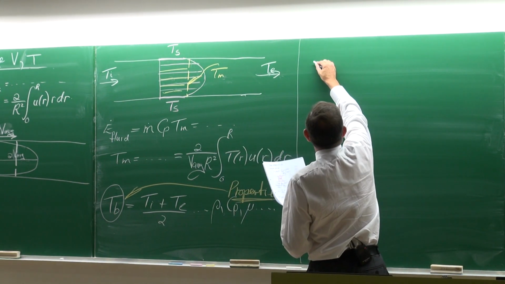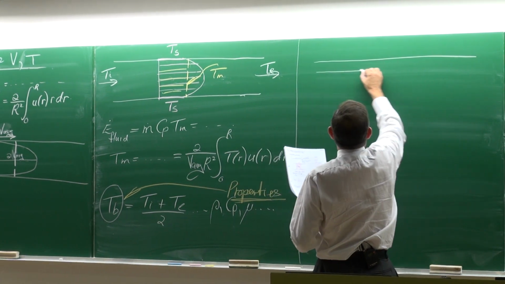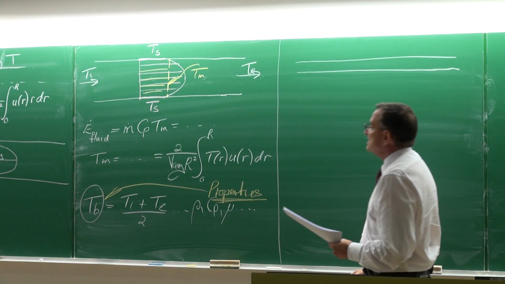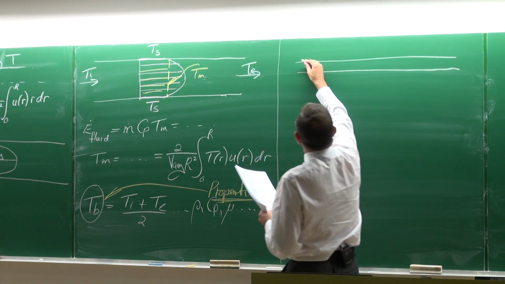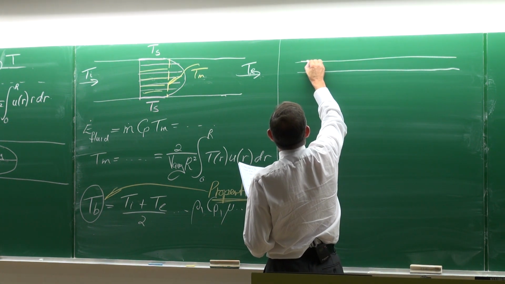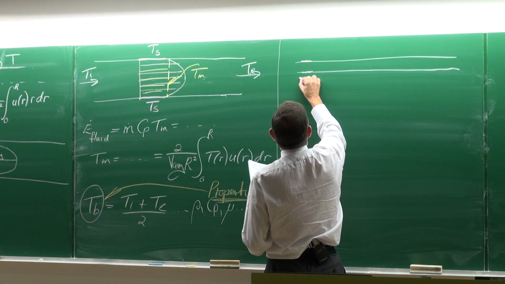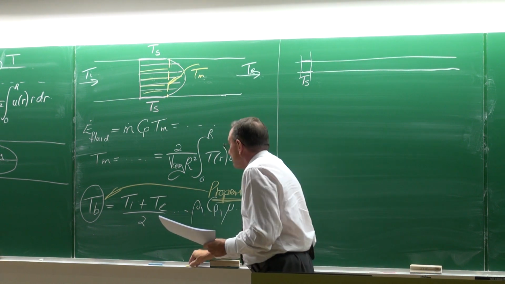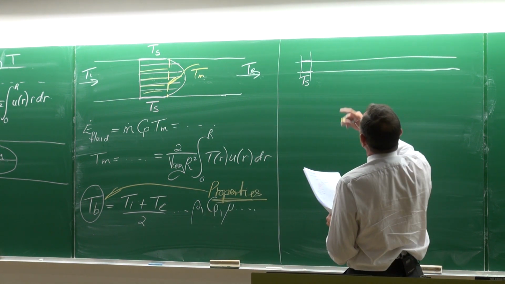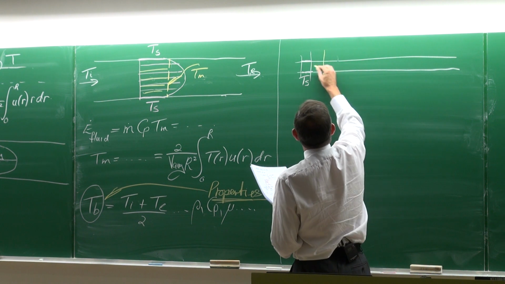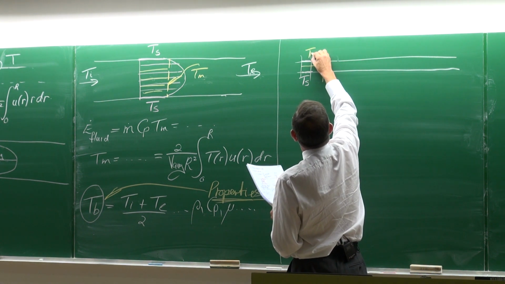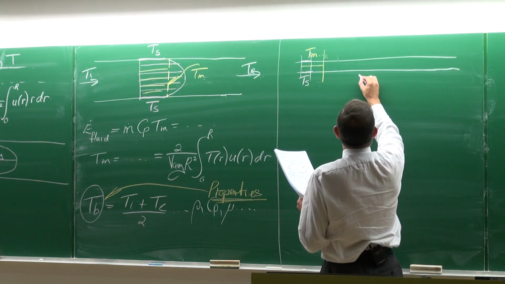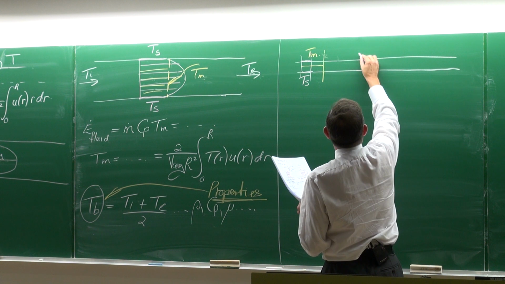So if we look at the same tube, I'm going to make the diameter now smaller. In this case, the surface temperature is equal to Ts. If we draw Ts like that, then the mean temperature, I'm going to draw it in yellow, is going to be that distance there. And as we go along the tube, that temperature is going to drop.